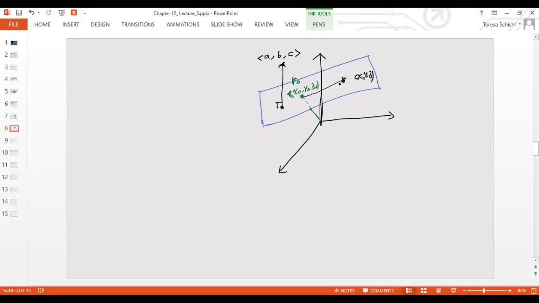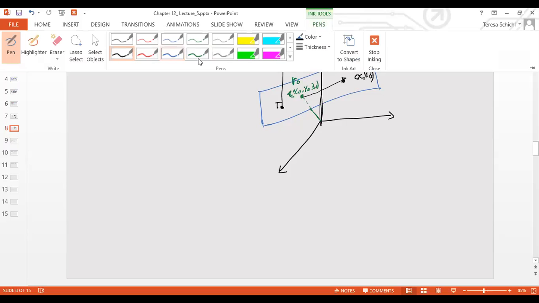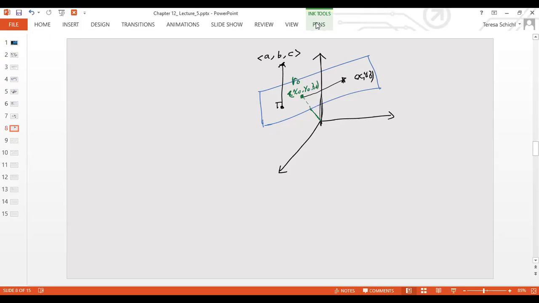Then how do I write this plane? If you take a look, this is the point, and this is the vector, located in R3.